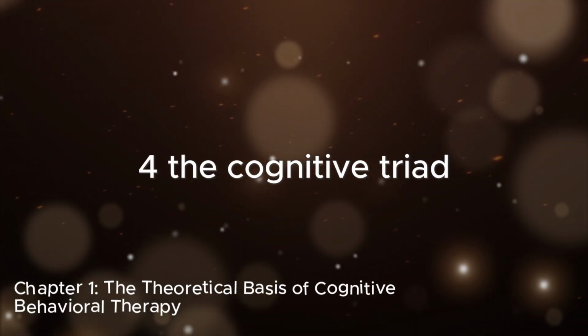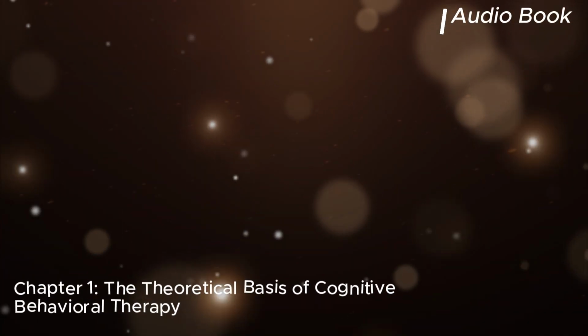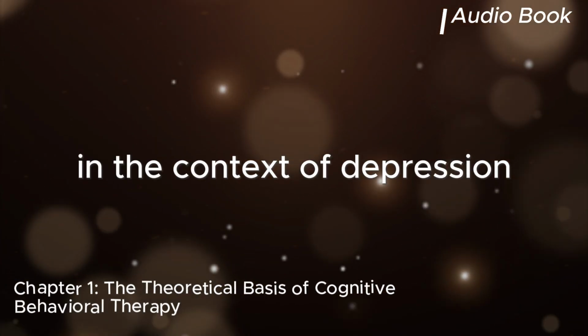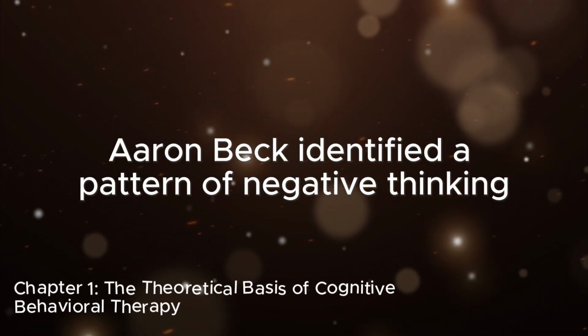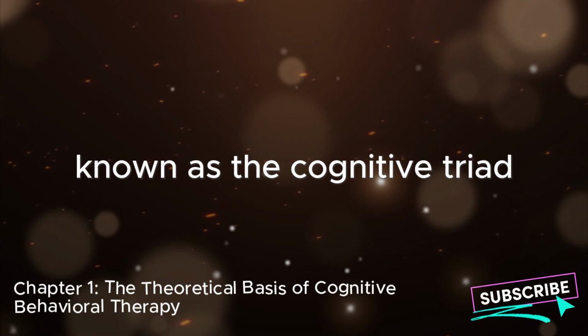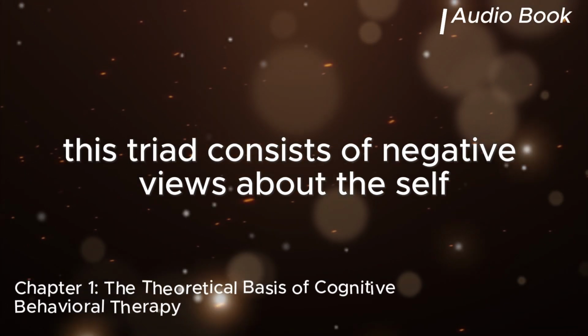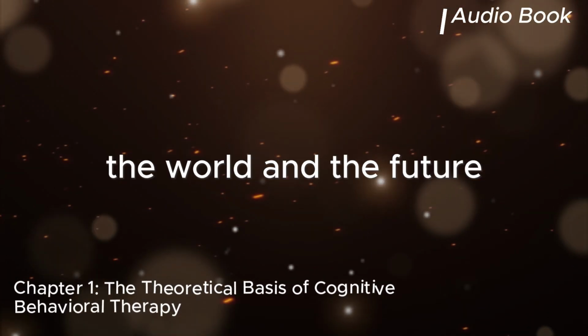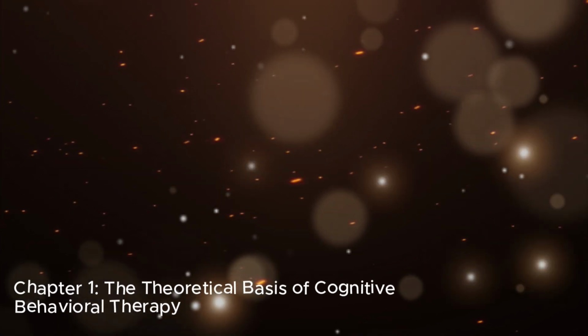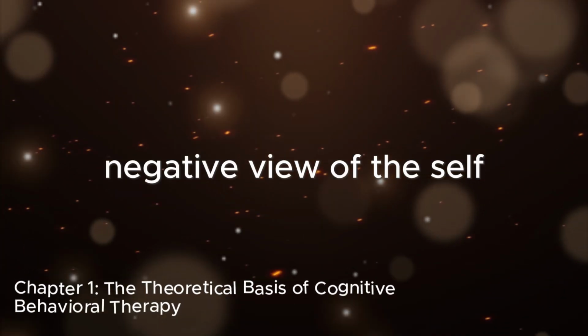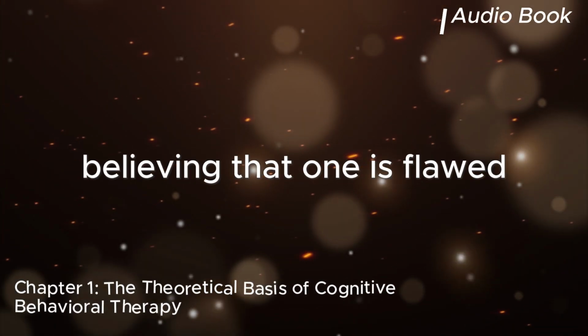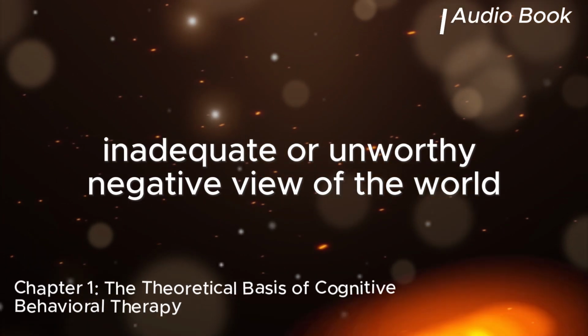4. The cognitive triad. In the context of depression, Aaron Beck identified a pattern of negative thinking known as the cognitive triad. This triad consists of negative views about the self, the world, and the future. Negative view of the self, believing that one is flawed, inadequate, or unworthy.